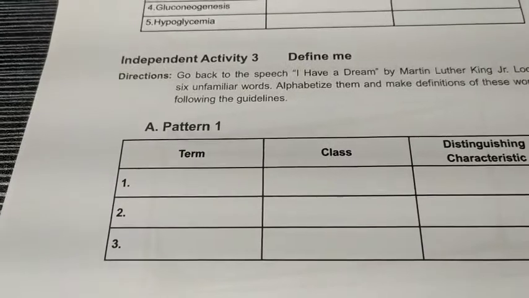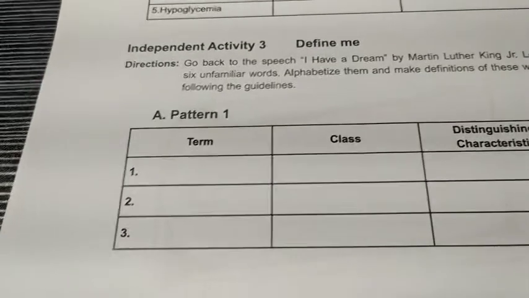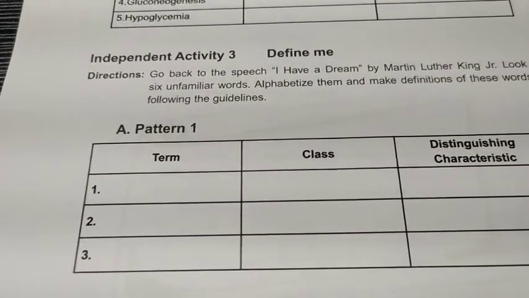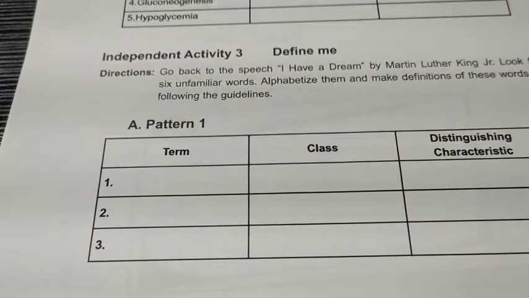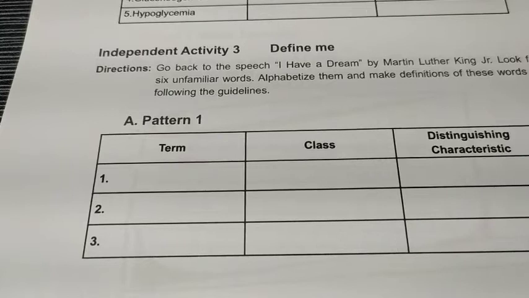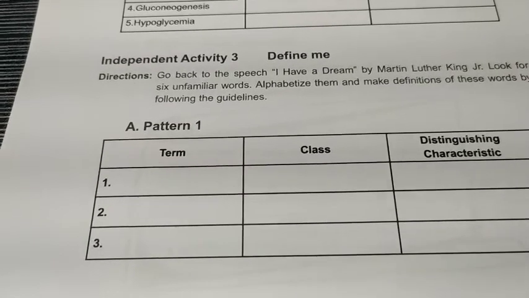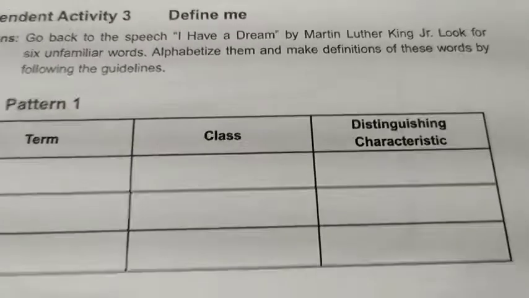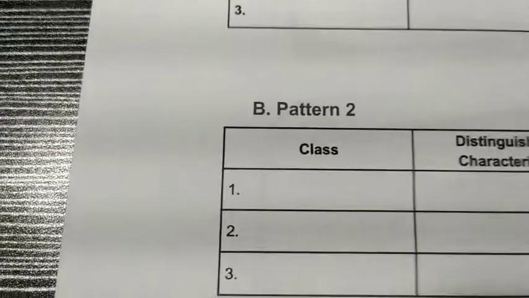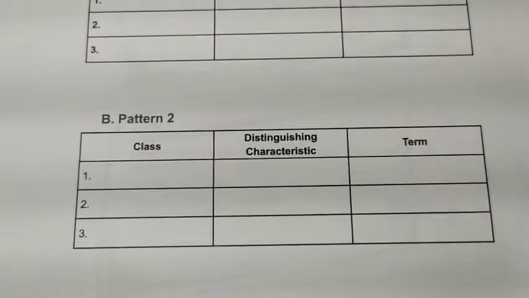So you will pick 6 words from the text by Martin Luther King Jr. Then identify its class and distinguishing characteristics. Or here, the term, the class, and distinguishing characteristics.